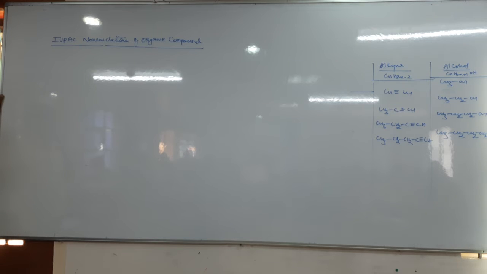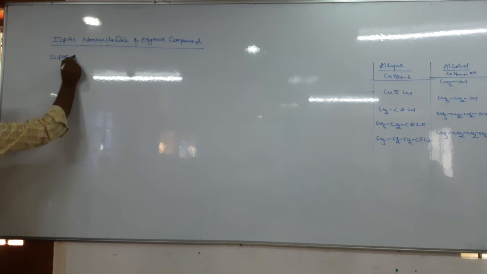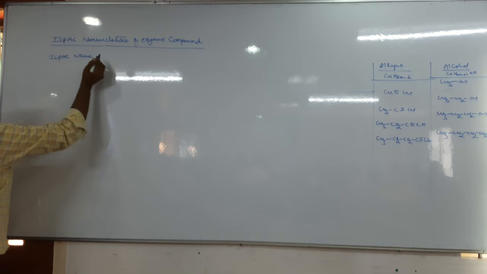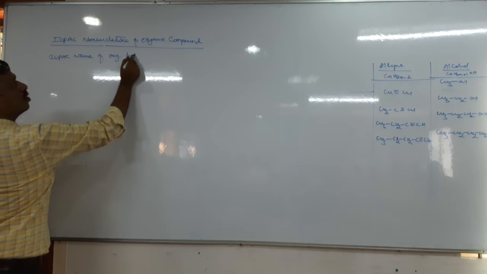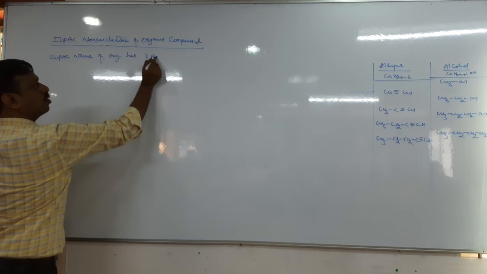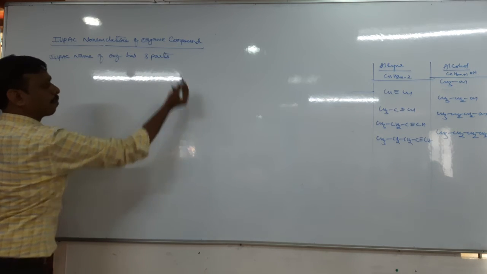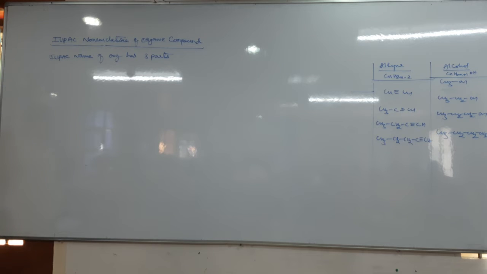Tell me, the IUPAC name of an organic compound has how many parts? Three parts, right? What are the three parts? One, root word.